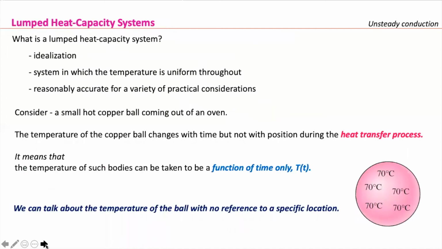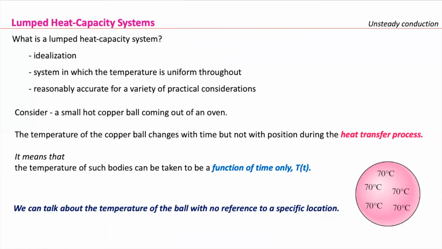So one very simple way to evaluate unsteady state conduction problems is by analyzing our system as a lump heat capacity system. What is a lump heat capacity system? First of all, it is an idealization. It's a system in which the temperature is uniform throughout, and it can give us reasonably accurate values for simple problems.